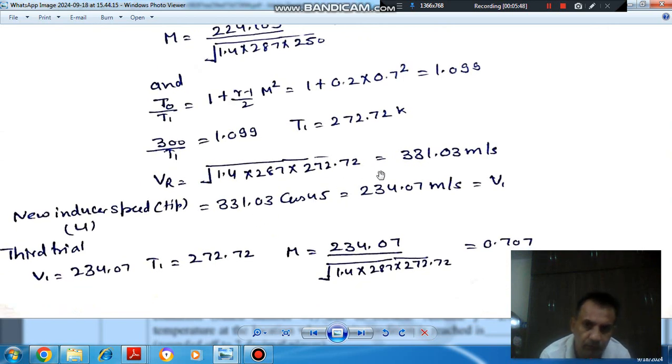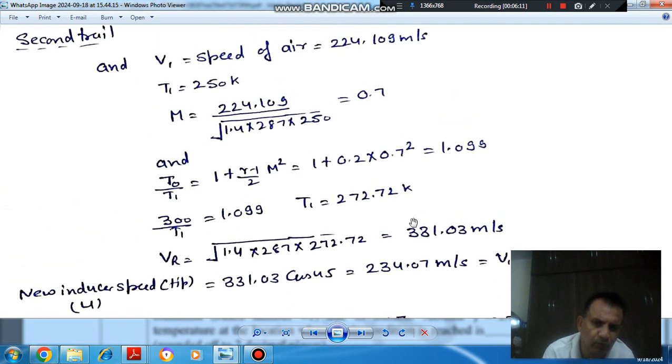Now we use this value of V1 and perform a third trial. V1 is 234.07 and the Mach number of air is 0.707, which is approximately the same as 0.7.